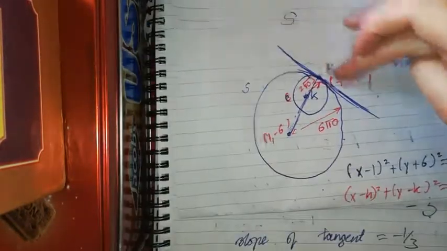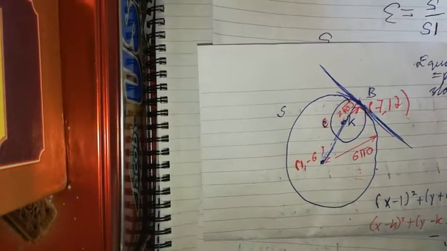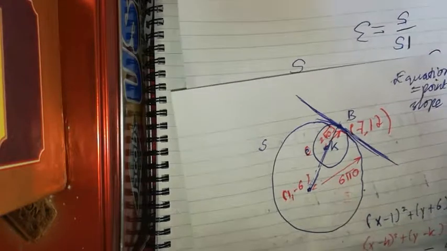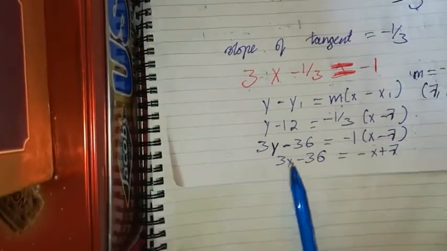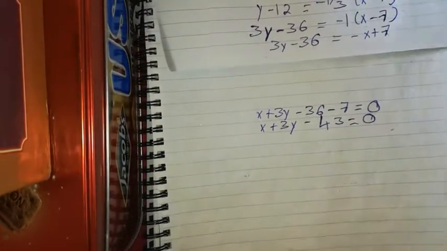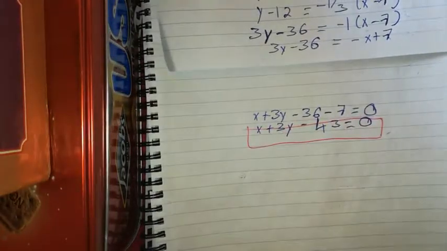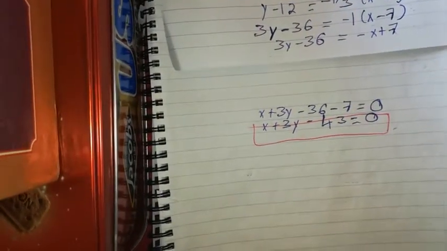So it looks something like that would be our tangent. And they just wanted it in the form ax plus by plus c equals 0, so that is the equation of our tangent, and that I think is the end of that question.